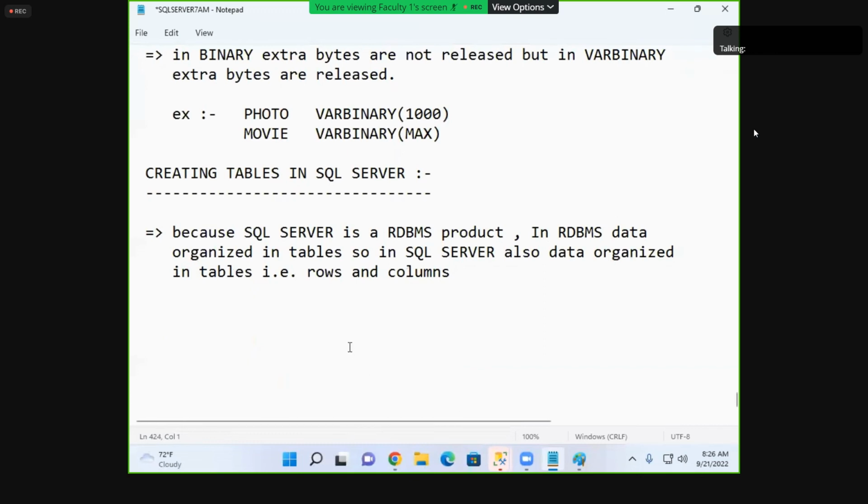Now, for example, I want to store employees data in a database. How is the employee data stored in the database? Like this: employee ID, name, job, salary.